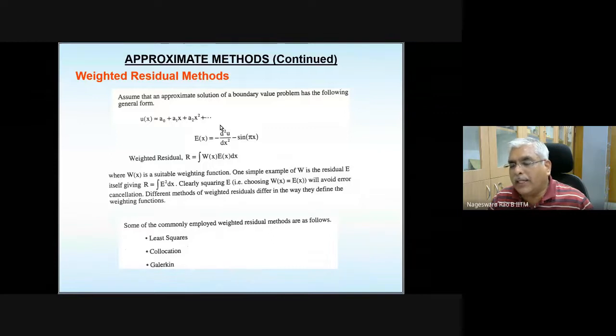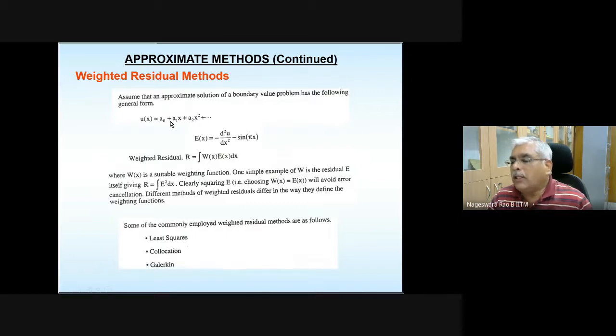Similarly, depending on the computational capacity that you have, you can choose whatever order of polynomial you want. As you increase the order of the starting trial solution, you need to put in more effort. You need to spend more computational effort.